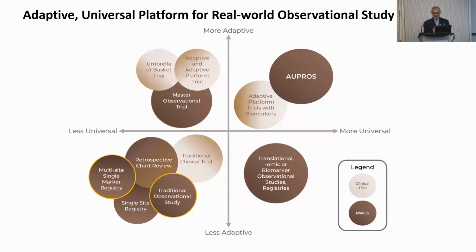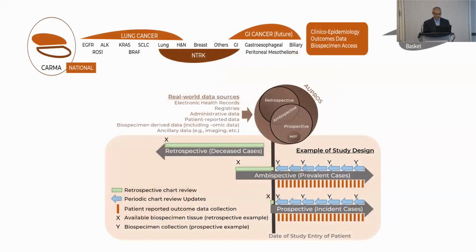So the universal nature of collecting a whole bunch of different data and data elements, I think makes it useful in this setting. So right now, on the top, you have the list of open arms that we have right now. And then we're just slowly moving to GI cancers now. We're going a little bit step by step right now.